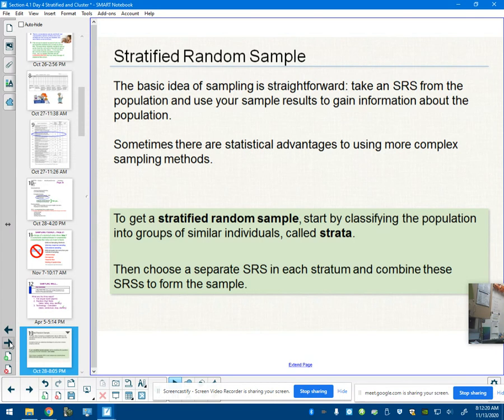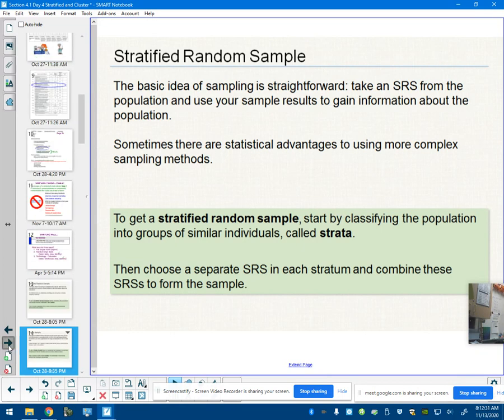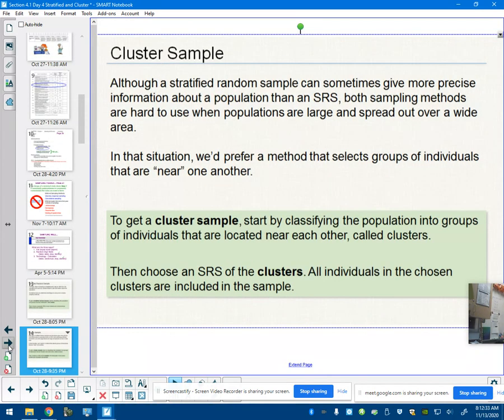All right. So we are going to talk about stratifying. That starts by classifying the population into groups of similar individuals called strata. And then you take a random sample from each stratum. And we're going to talk about cluster. You put people into groups. Usually cluster is done because you're close in location.